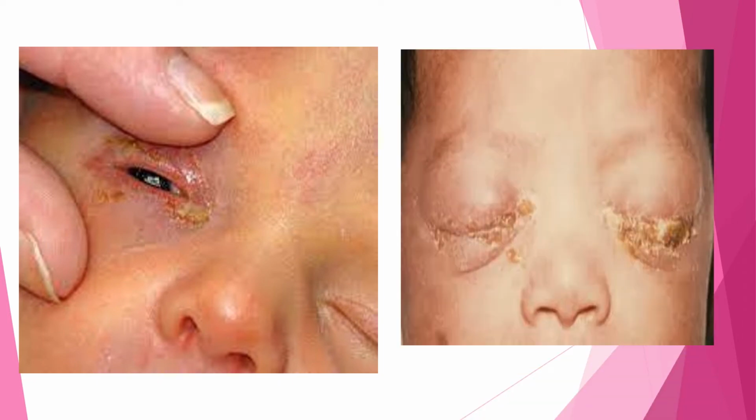The second one shows an excessive amount of purulent eye discharge, and it looks like a Neisseria gonorrhoeae etiology. Neisseria gonorrhoeae produces copious purulent secretion compared to Chlamydia trachomatis, which produces slightly purulent, less thick discharge.